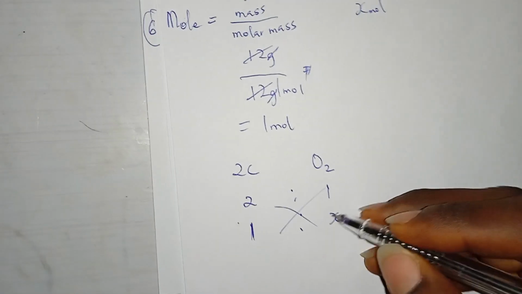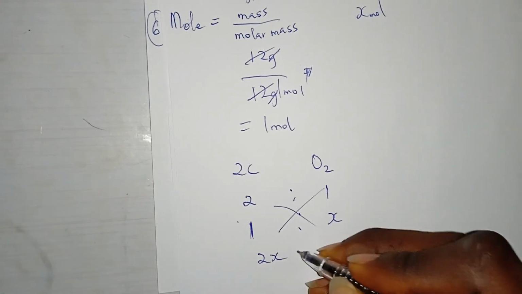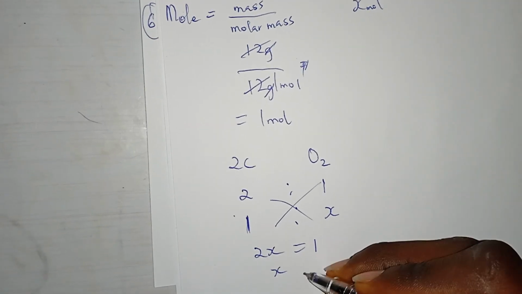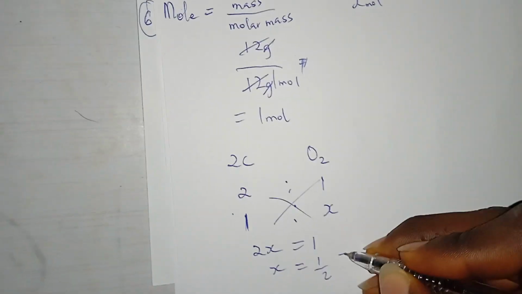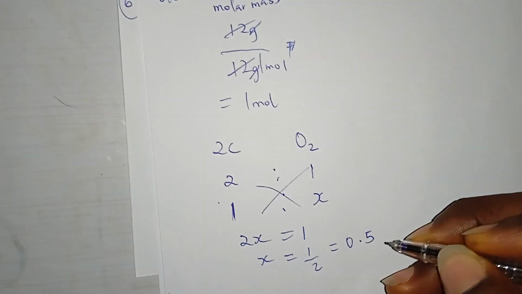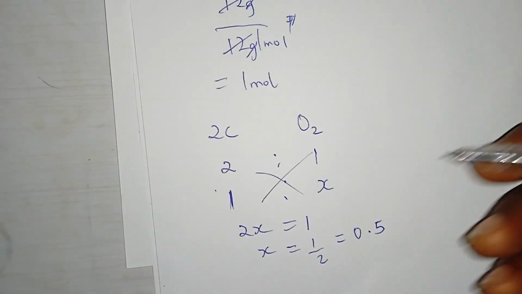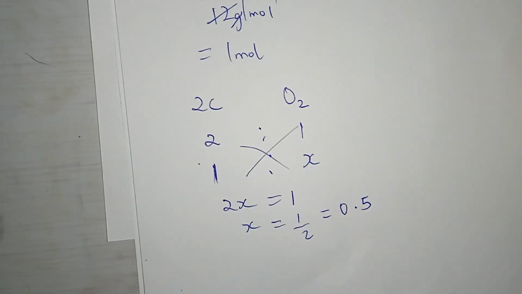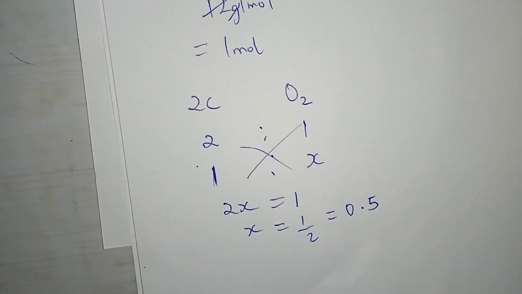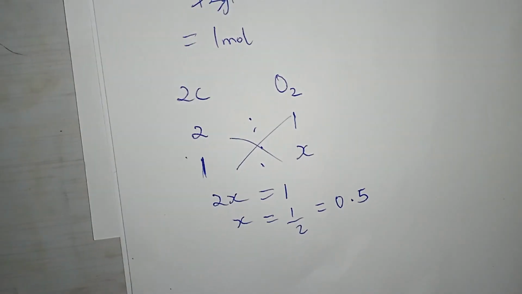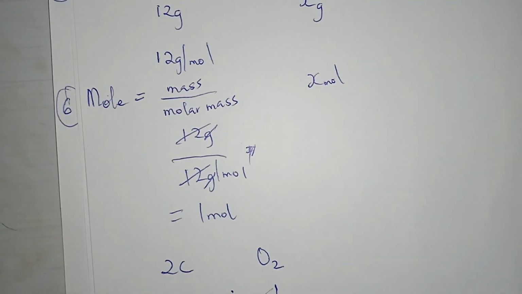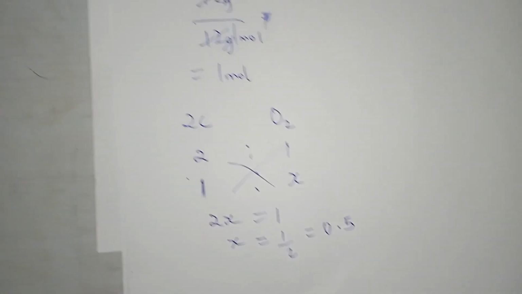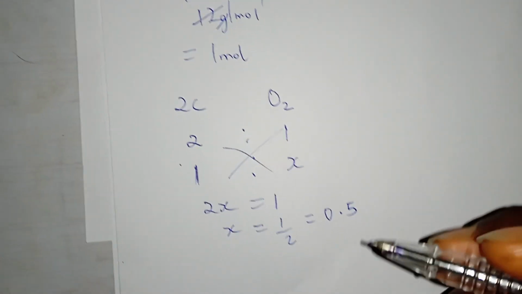So cross multiply, so that I get 2x equals 1 times 1, which is 1. X is the same thing as dividing both sides by 2, so x equals 1 over 2, which is 0.5. So oxygen is going to be 0.5 mole.